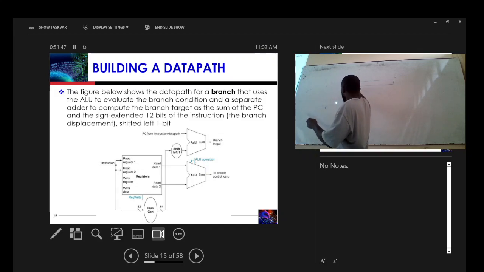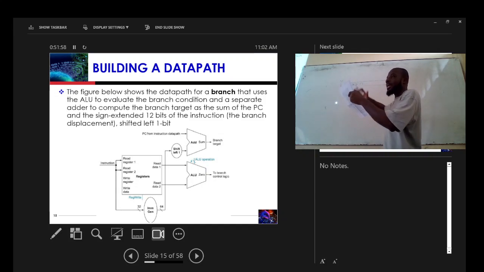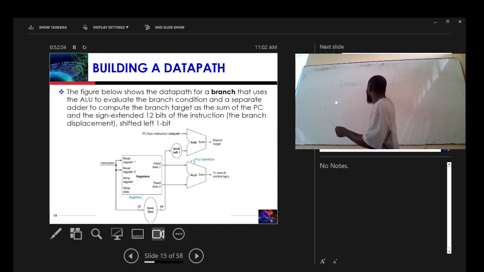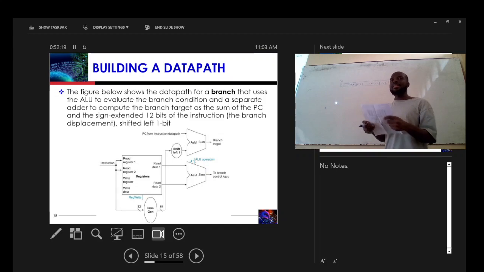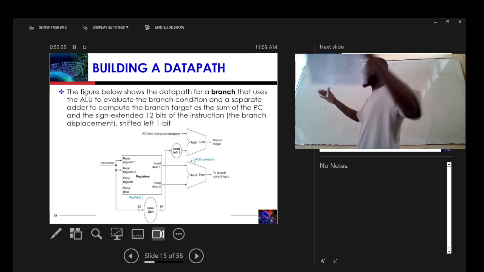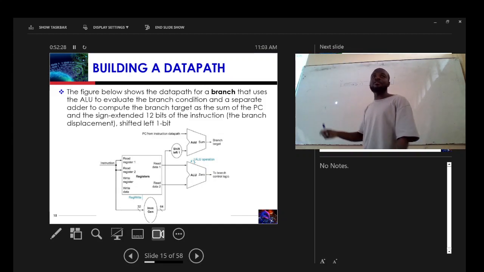And then immediate 10 to 5. And then the immediate is also in another field: immediate 4 to 1. Then immediate 11. So this is how the immediate is arranged in the instruction format, right?